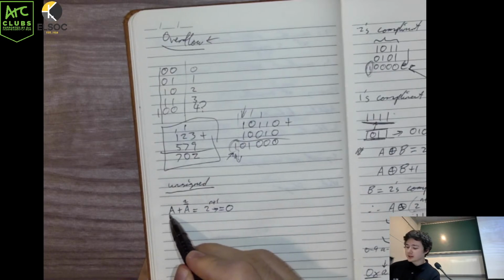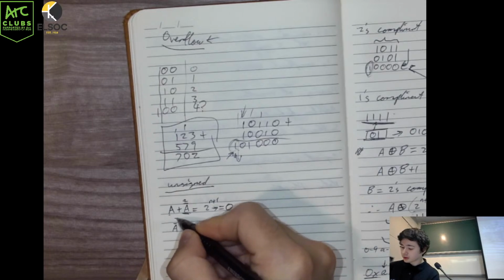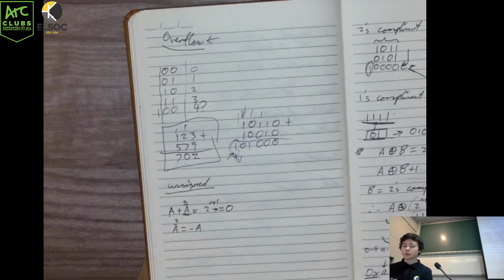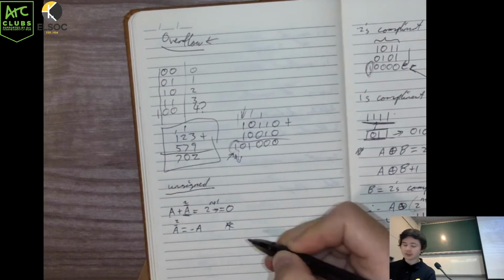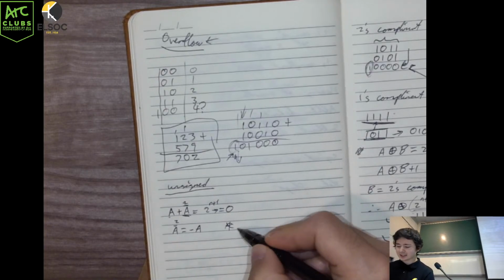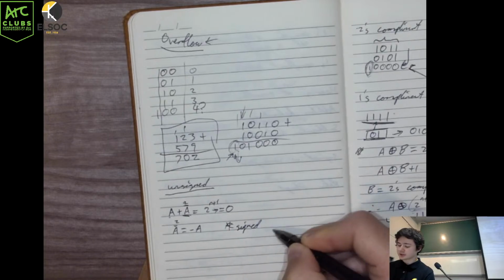And so we can see that by taking a complement, 2's complement more specifically, this is going to be equivalent to minus a. Now, mind you, this comes with a little caveat that I'm going to be talking about particularly for signed integers.